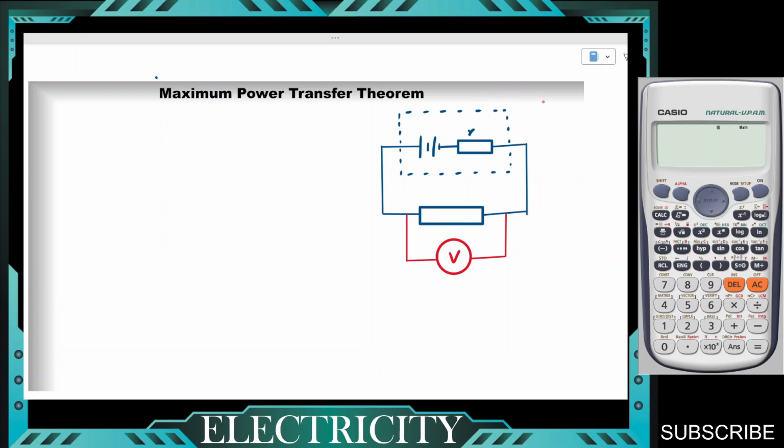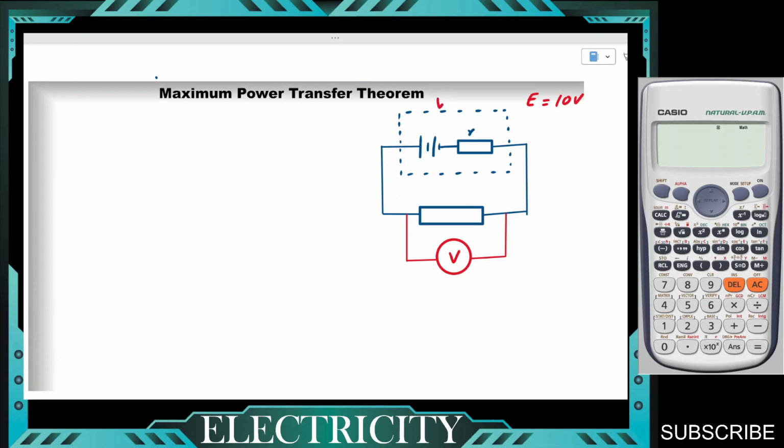So let's say the EMF of the battery is 10 volts. We are representing the EMF of the battery by E. But the terminal potential would not be 10. It would be slightly less than that.